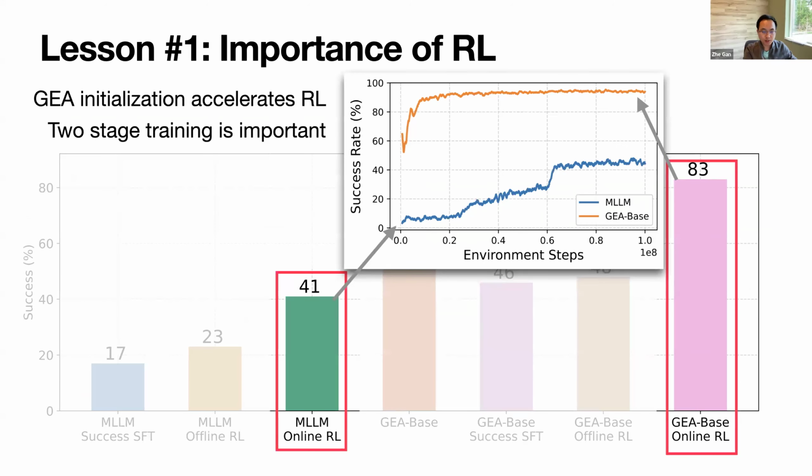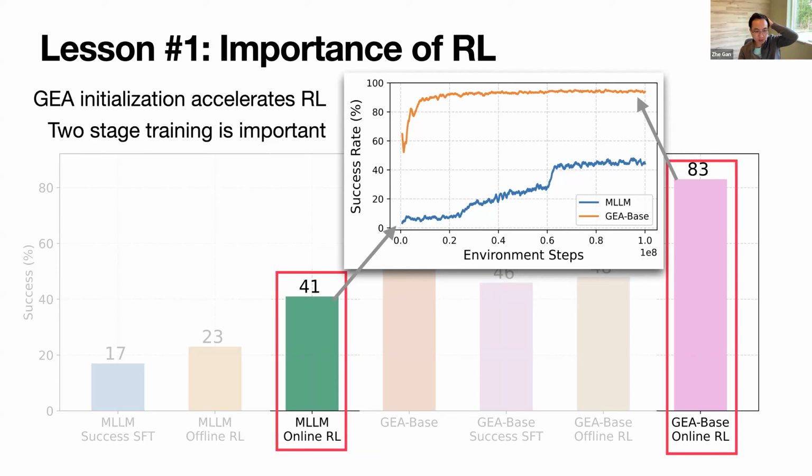By the end we think online IL is very important, and the base model itself is also important. In this figure, the green one is a multimodal LM performed with online IL.